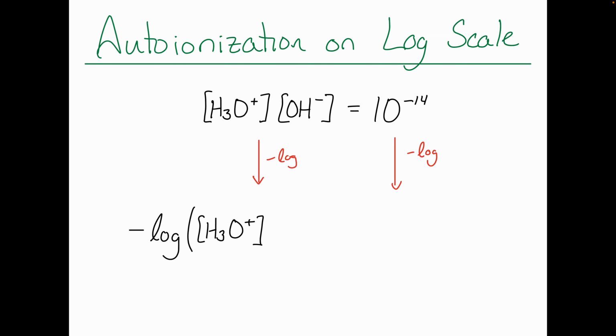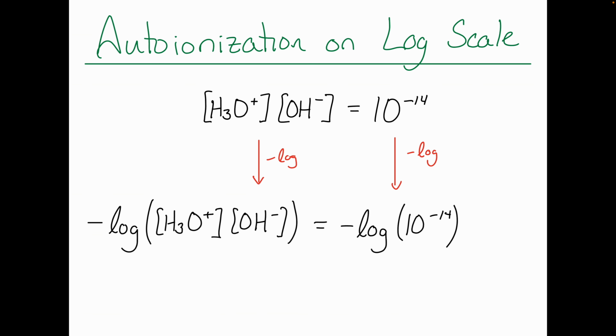Well, we got the negative log of hydronium times hydroxide equals the negative log of 10 to the negative 14. Okay, well, 10 to the negative 14 is just a number, right?